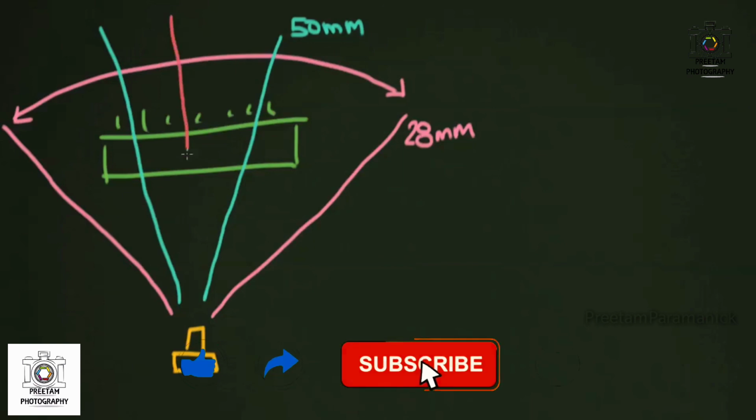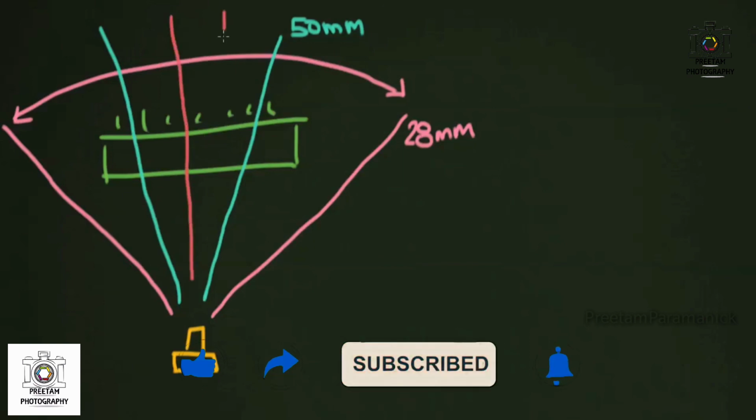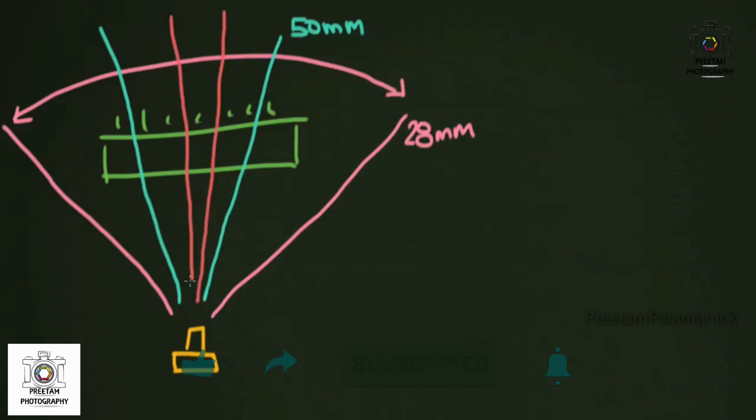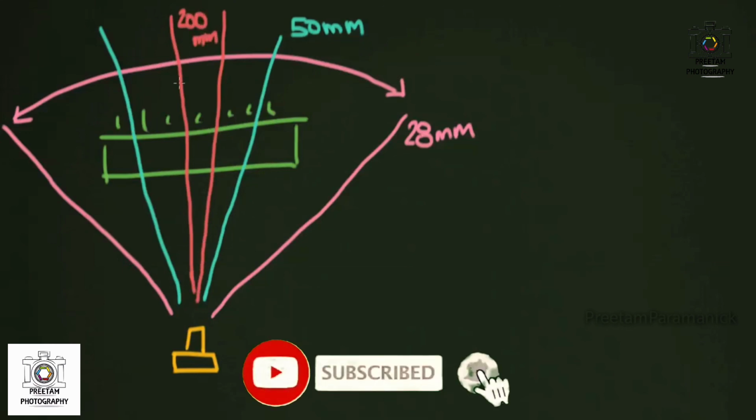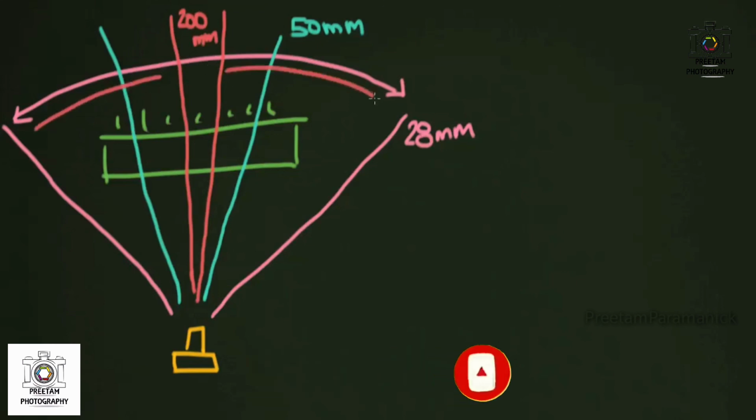Then maybe you would move up to your 200. This would be your 200mm range. When you're looking at a 200mm image, all of this has been cut off. You can't see any of that. All you're seeing is this one person right here.